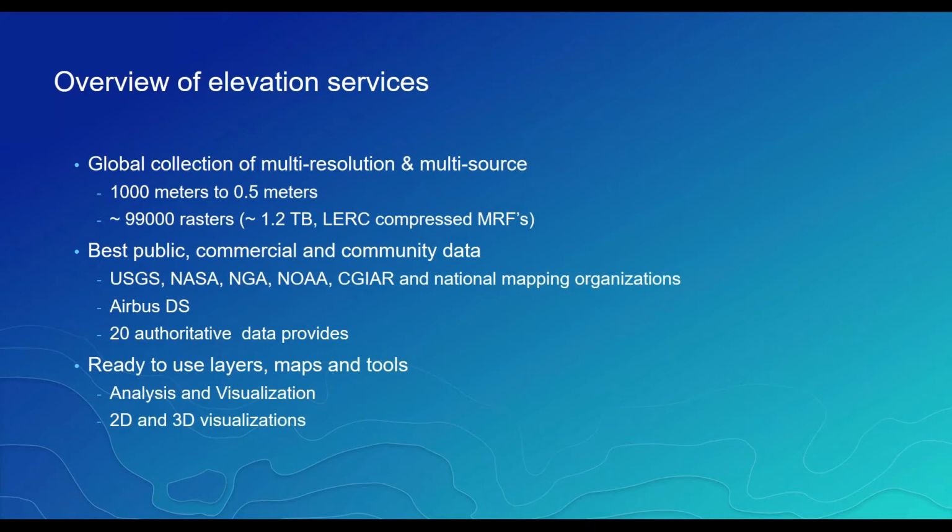This improves all the areas outside of North America where earlier we had the best data from SRTM 30 meter. So these ready-to-use layers and tools allow users to focus on their workflows and analysis. These layers and tools can be divided into two broad categories: for analysis and visualization, and pure visualizations for 2D and 3D.